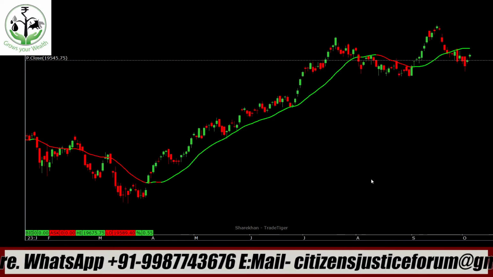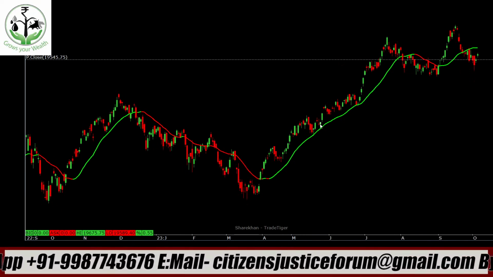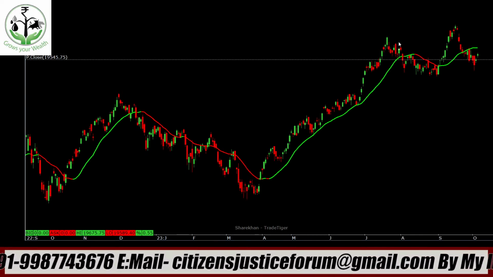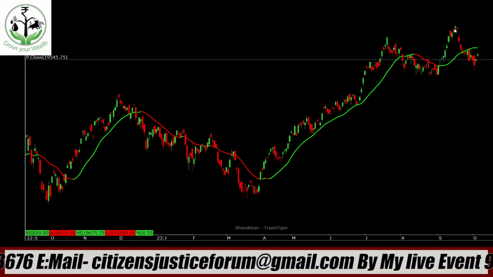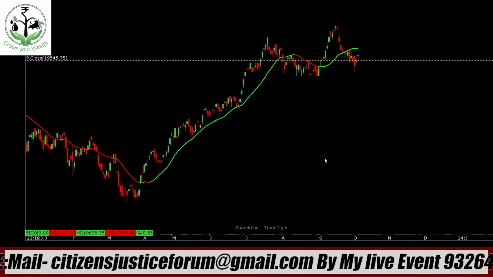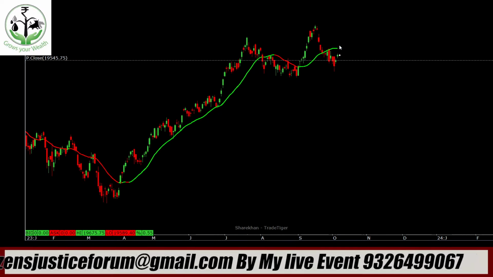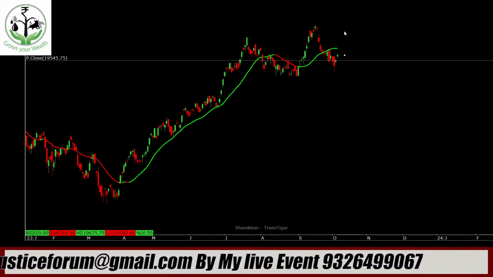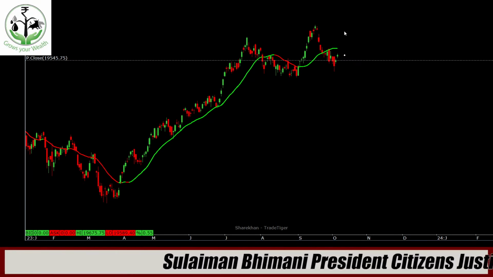Now if I look at the Nifty, see, it started its upward journey. It was going up, going up. From here, it made its downward journey. Then again, above this line, it started moving up. So I have to wait for one more green candle here, which will give me a signal that now the market trend has changed.